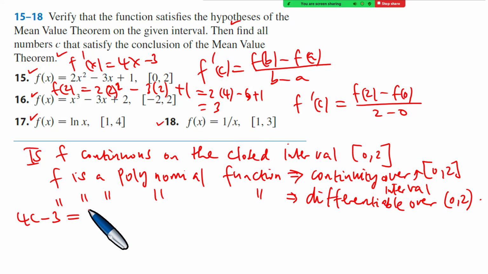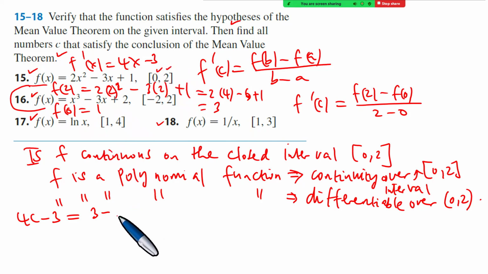Here you're going to put f of 2 minus f of 0. f of 0 is clearly 1. So in number 15, we can see that f of 0 equals 1. We're doing f of 0 and f of 2.